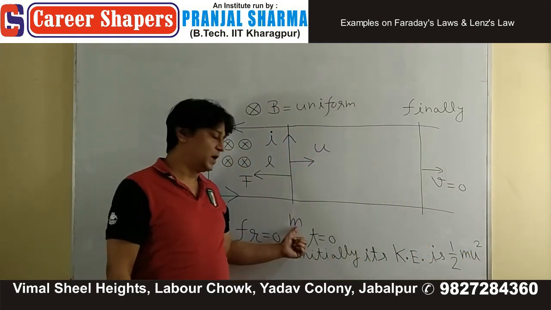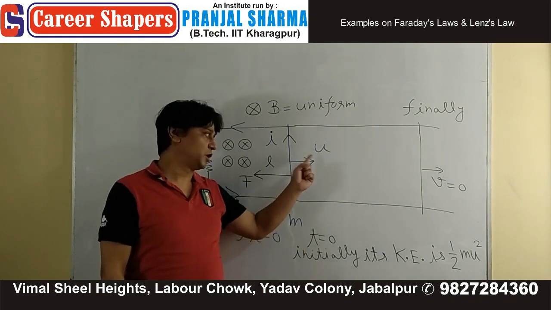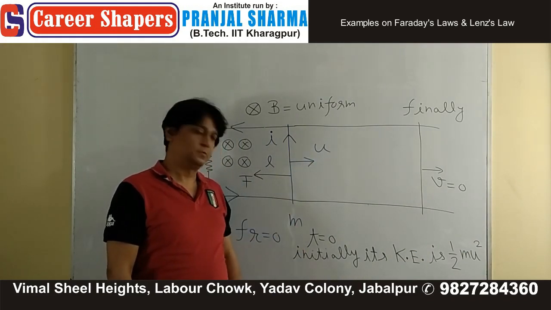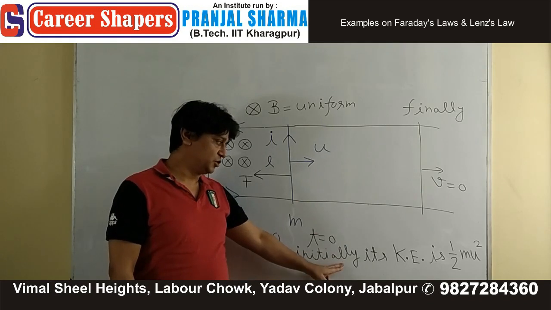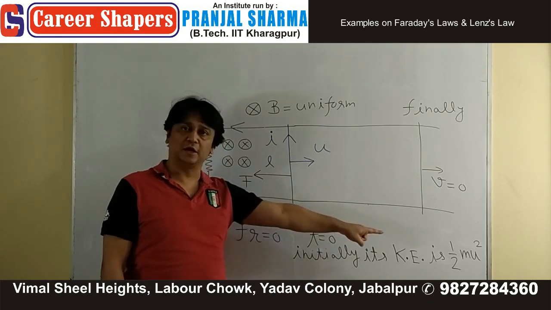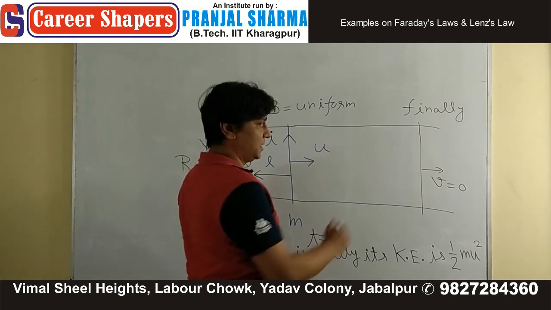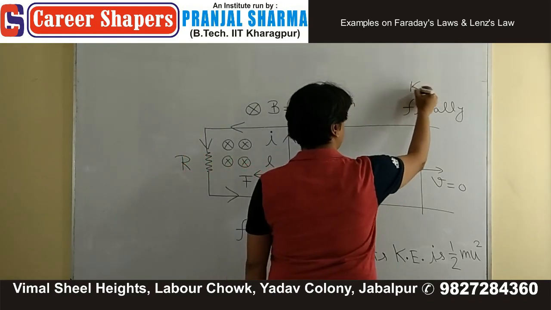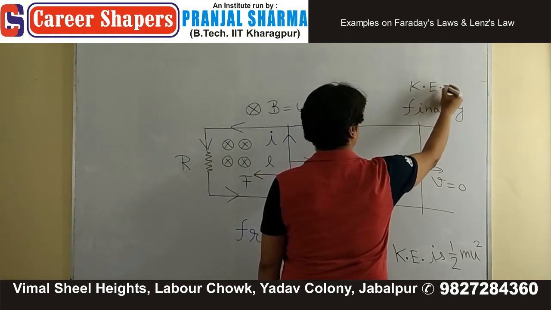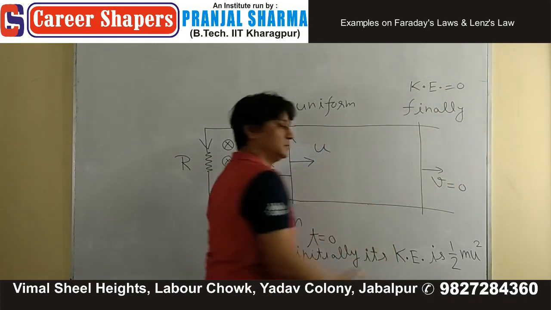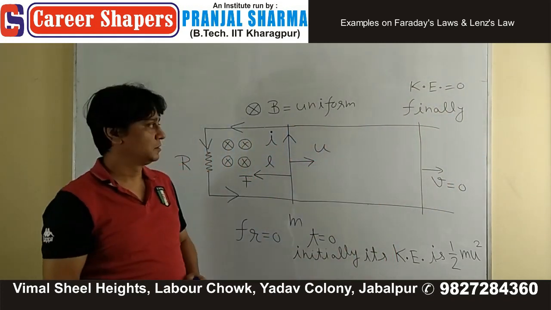We have a rod of mass m which is moving with velocity u. So you're saying that initially this rod has a kinetic energy of half mu square, and finally its kinetic energy is 0. It's not moving.